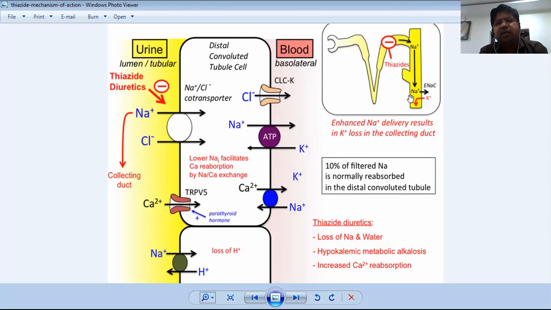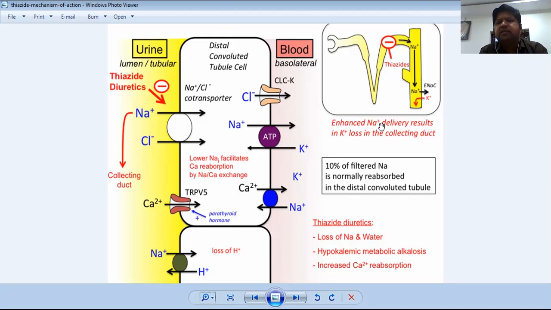But in place of the 5 sodium ions that are reabsorbed, 5 potassium ions will be released into your collecting duct. And when this happens continuously, definitely there is a severe loss of potassium. Am I right?